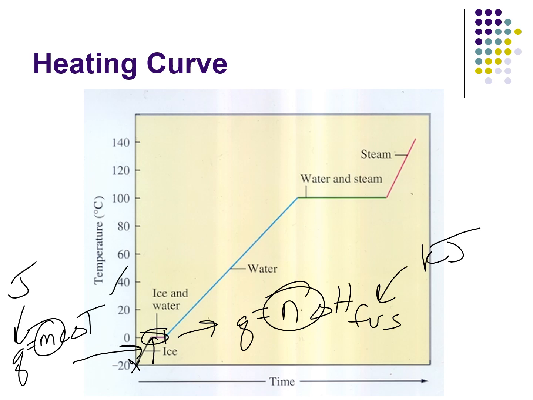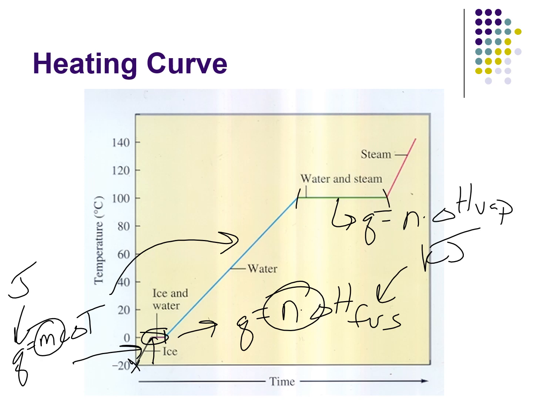Now, once all the ice is gone, and we know that from right there, now we're heating it up again, and once again, MCΔT, because temperature is going up. Once we hit 100 degrees Celsius, now we're boiling, we're vaporizing. And while we're vaporizing here, Q is moles times heat of vaporization.